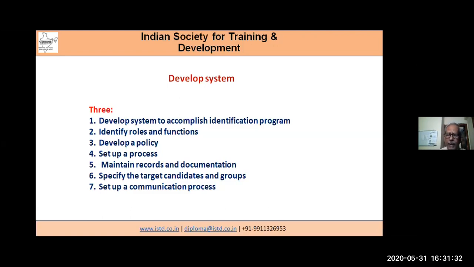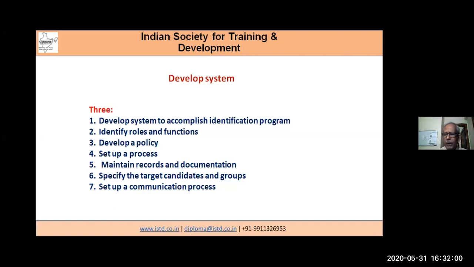There is a need for setting up a communication process for attracting the people outside. The potential candidates are to be communicated with, and the organization has to tell them the importance of the organization, what the branding of the organization is, how the organization can be important for them, why they should come to this organization.